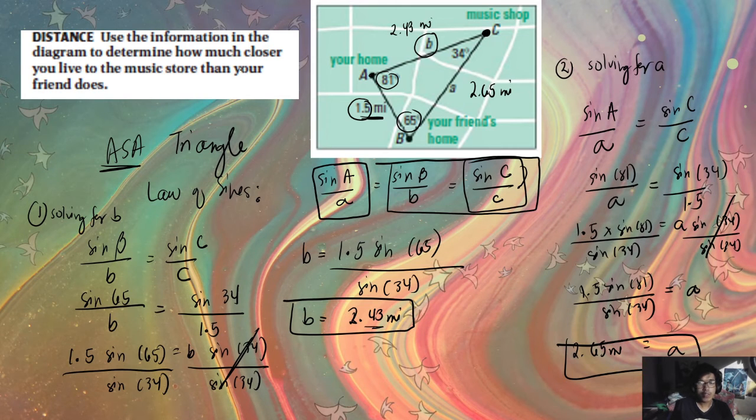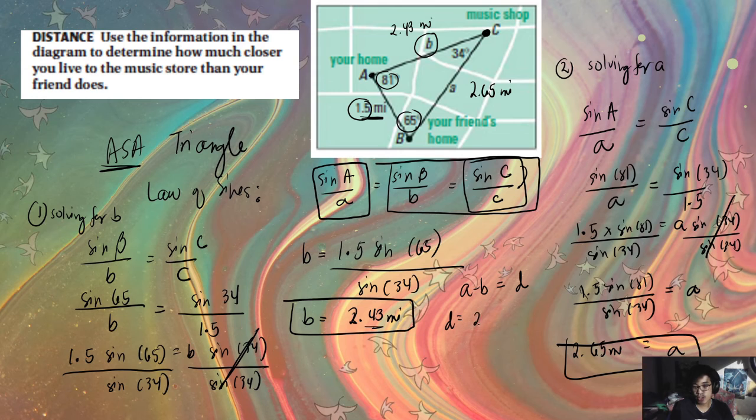What are they asking from this problem? We need to determine how much closer you live to the music shop as compared to your friend. So we simply have to subtract the values of A and B to get the difference.